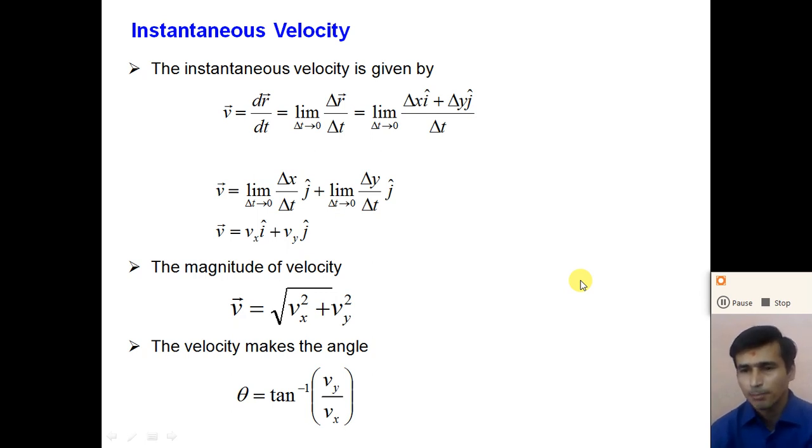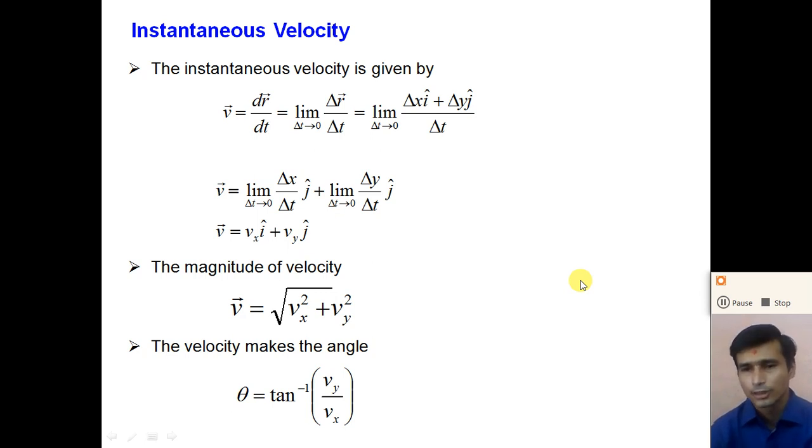If the magnitude and the direction of the velocity remain constant with time, the object is said to be in uniform motion. But if the magnitude changes, or the direction changes, or both change with time, the motion of the object is accelerated motion.